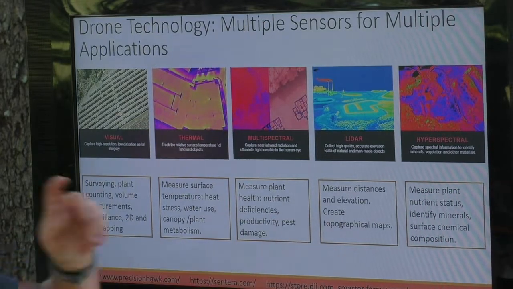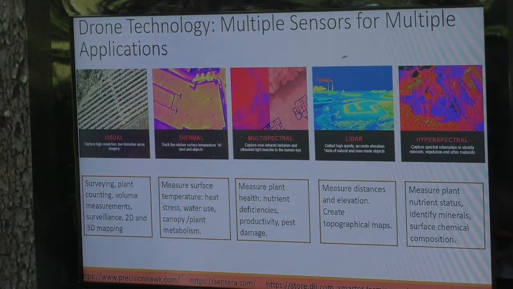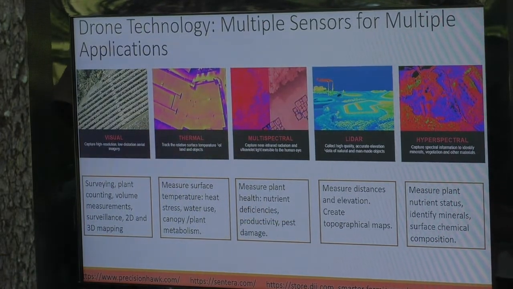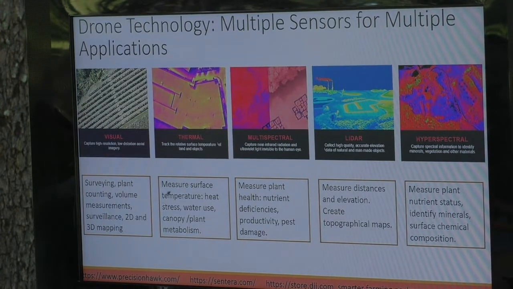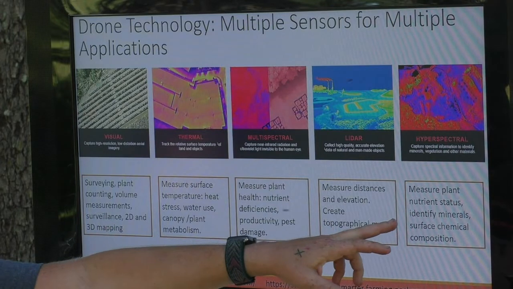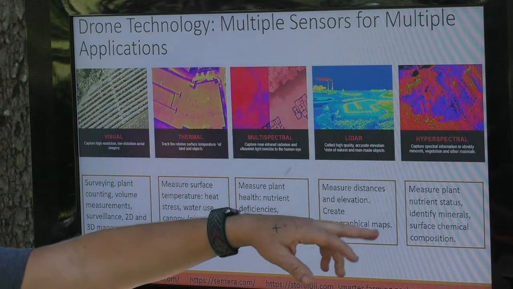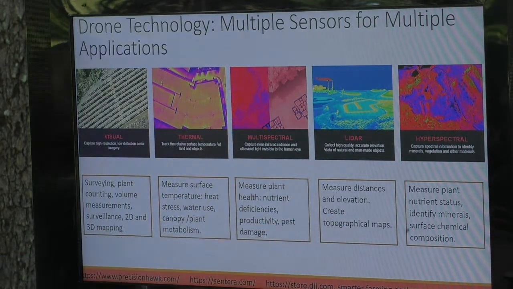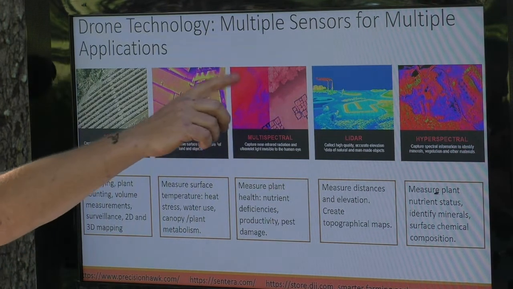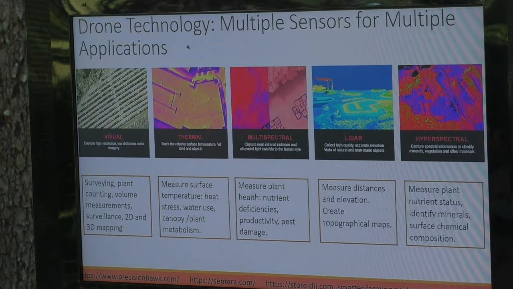LiDAR is huge. It's used for most of the maps that we use on our phones, etc. So it measures distance and elevation, so you get that kind of topography. And then hyperspectral is more detailed into like plant nutrient and chemical composition on the surface. And when we say sensors, it's basically a camera, a type of camera.